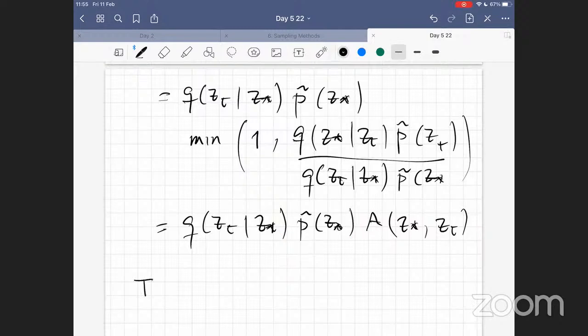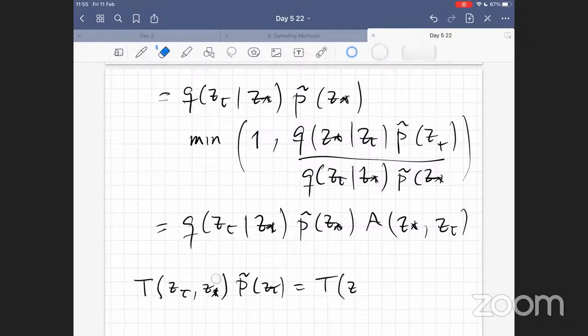So that implies that T of Z tau going to Z prime times P of Z tau is equal to the transition from, sorry, this prime is a star, not a prime, Z star, sorry. Times the transition is equal to the inverse transition. So from Z star to Z tau times the probability of Z star.